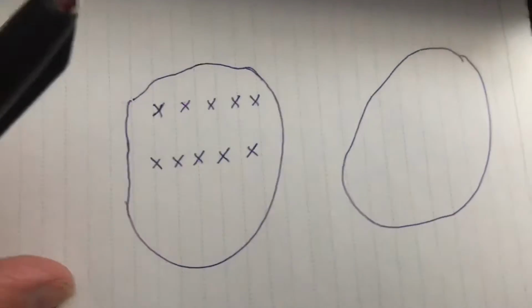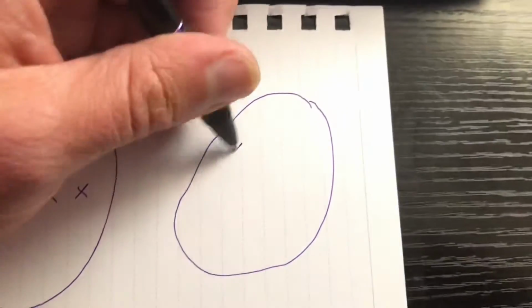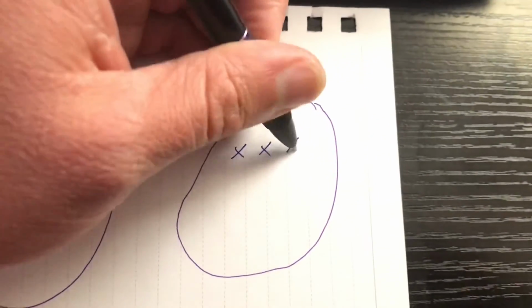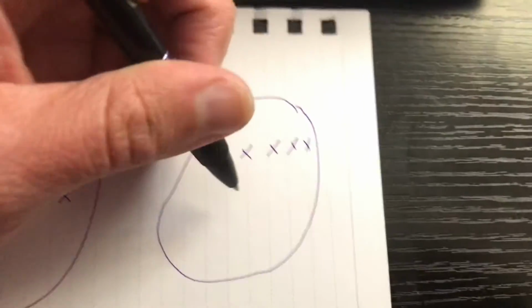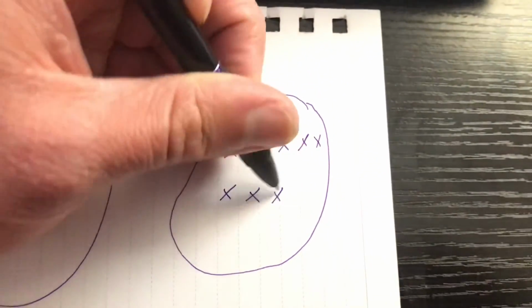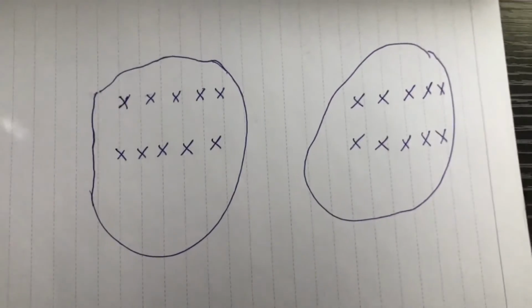Alright, so I have one group of 10. I have 2 groups of 10.